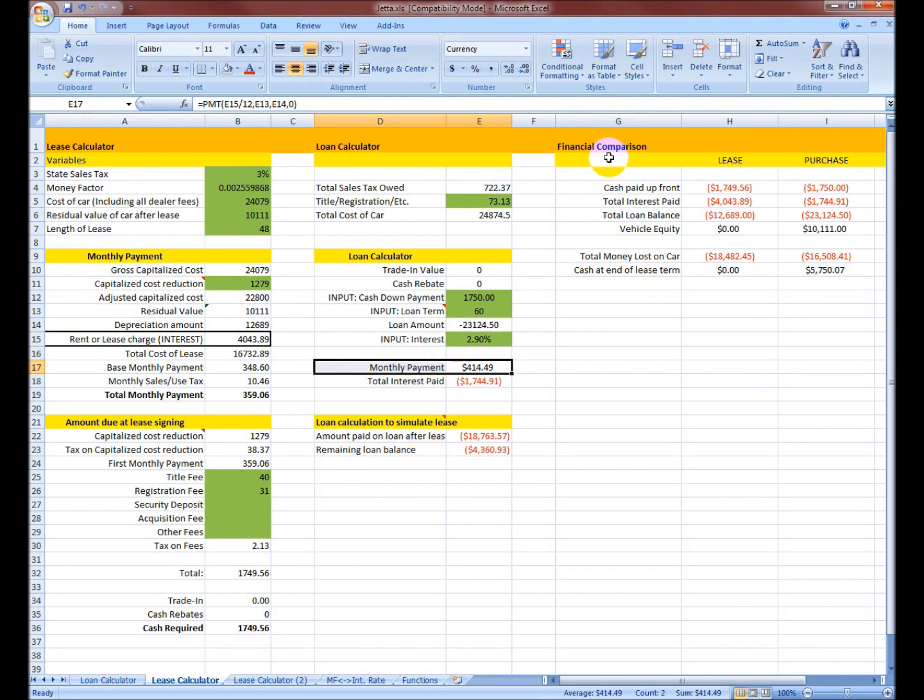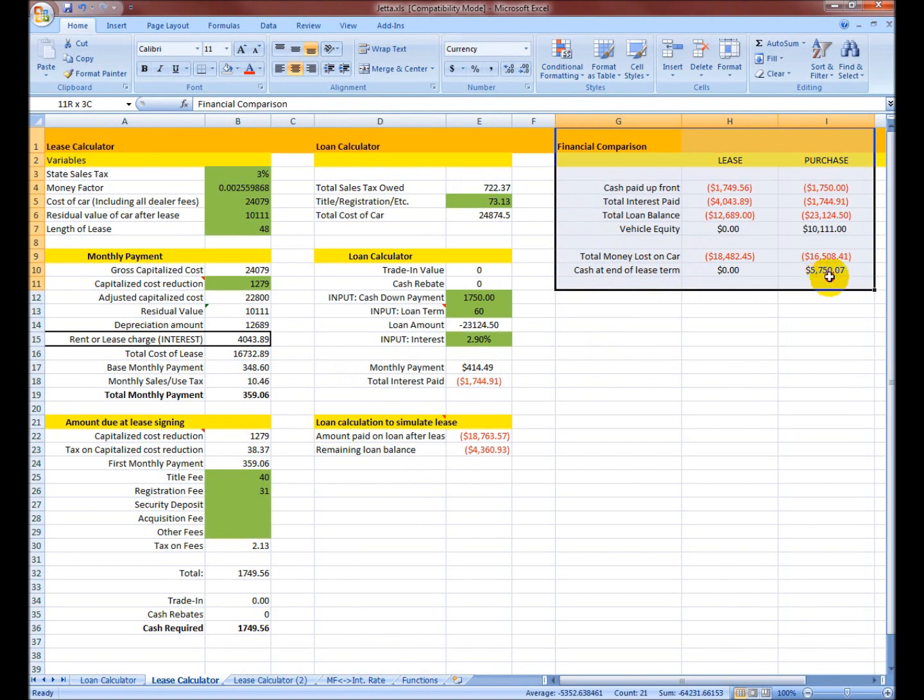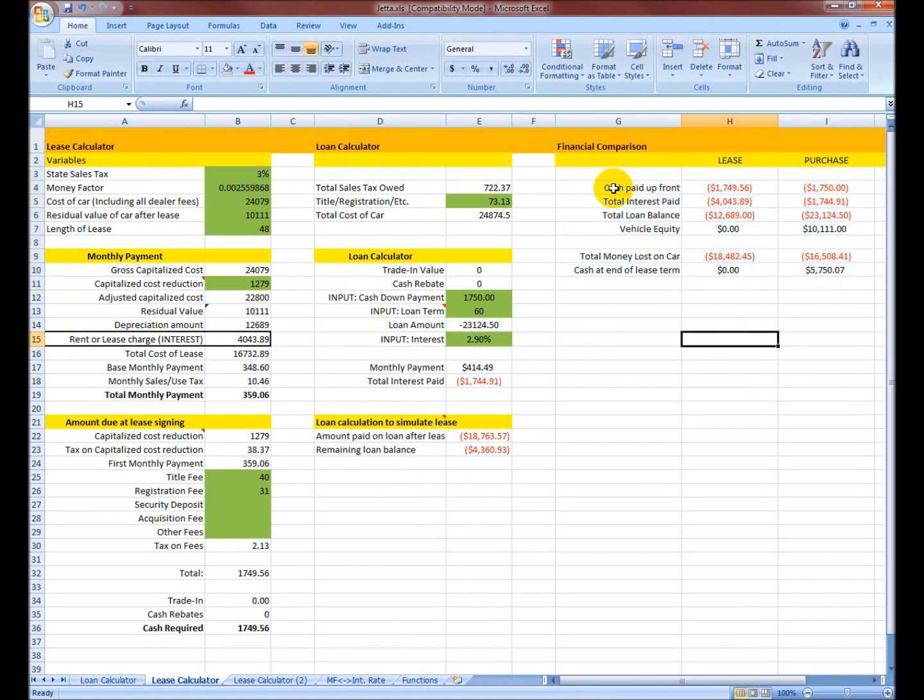However, if we look at the financial comparison over the long term, what I did is take the cash that we're paying up front, add in the amount of interest on the loans, and add that all up for a total loan balance. So this is how much money you're going to end up paying over the life of the car. However, at the end of this lease, you have no vehicle equity.